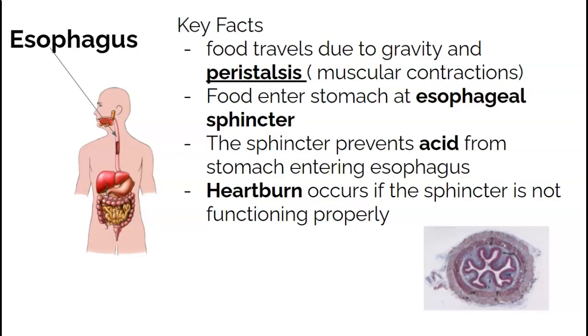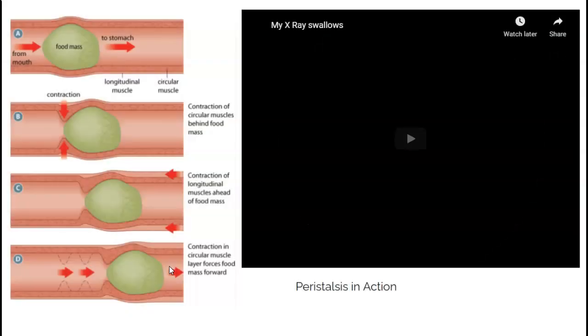Heartburn is usually occurring because the sphincter is not functioning properly, and so you're getting acid from your stomach into your esophagus, and it's actually burning your esophagus. Now, if we look at the location of our esophagus, it falls right in our chest area, most of it. That acid is being splashed up into this area, so we call it heartburn because it feels like our heart is on fire, but really it's our esophagus.